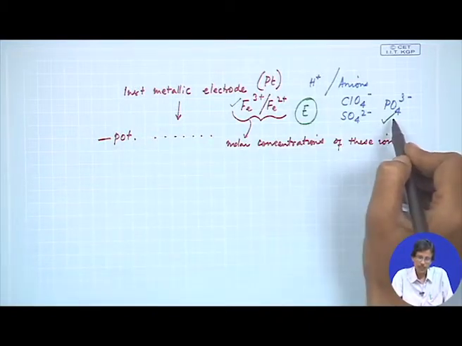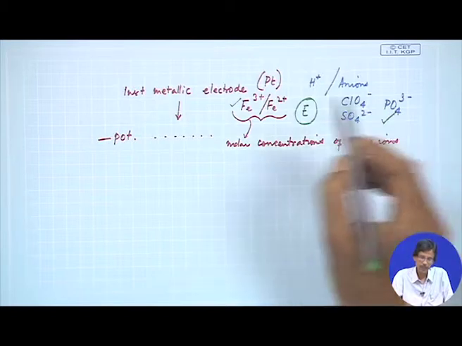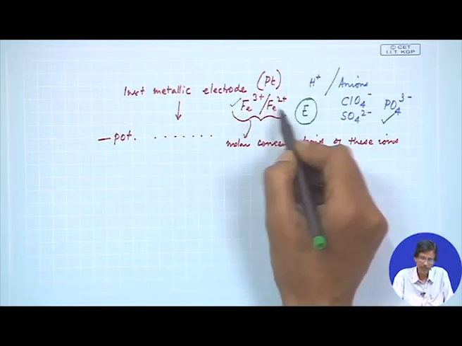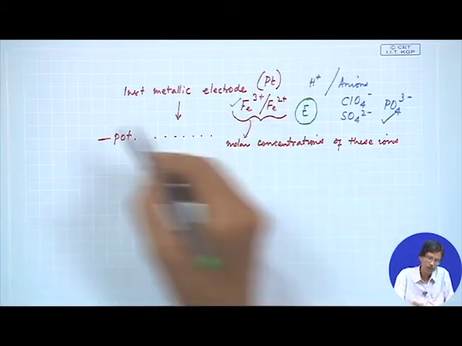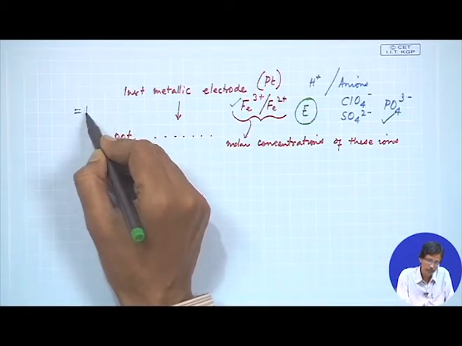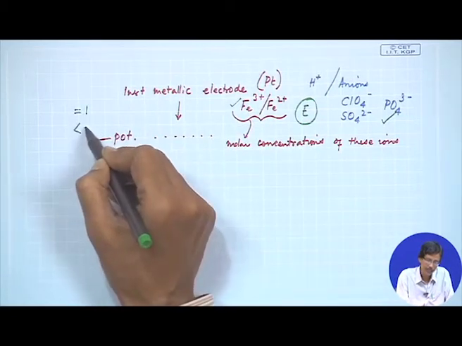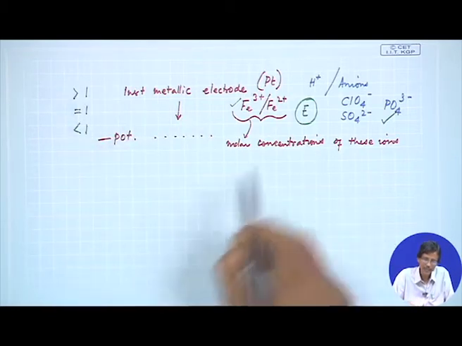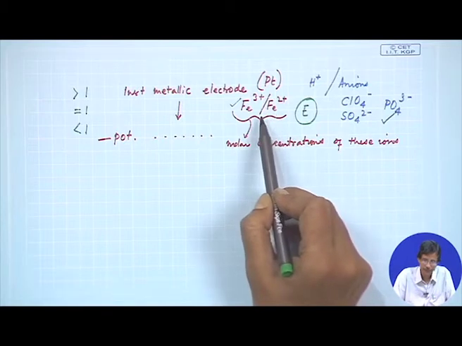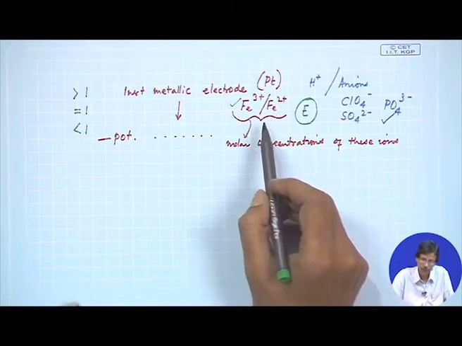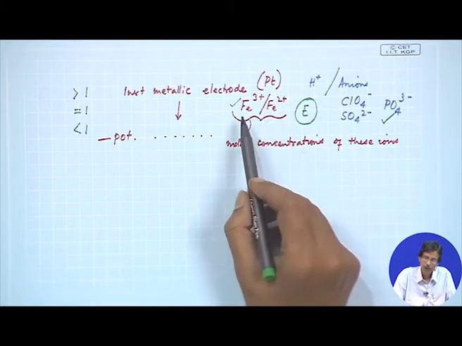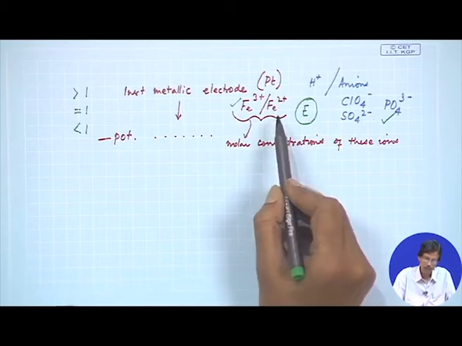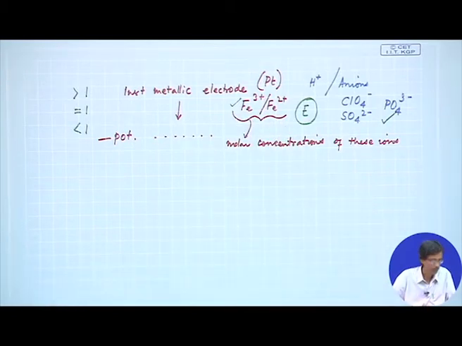So, in this phosphate environment your Fe3 plus is binding, that means the ratio is changing, because this ratio when it is 1 we all know, and it can be less than 1 or above 1. So, the manipulation of the relative concentrations of these two species is very important.